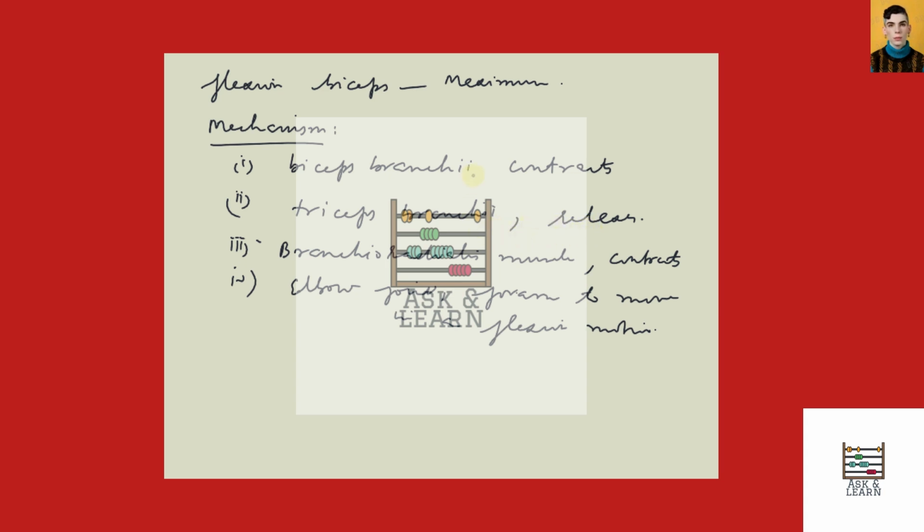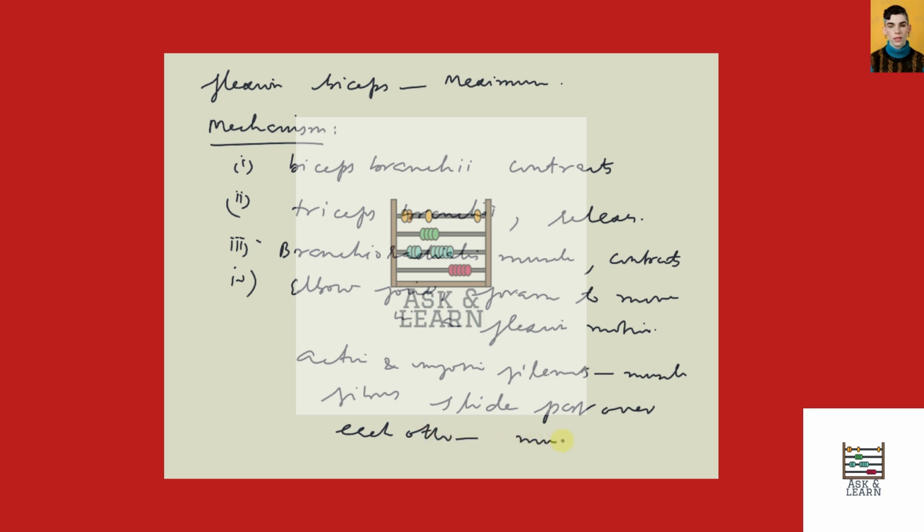This contraction of the biceps brachii muscle is facilitated by the sliding filament theory, wherein actin and myosin filaments within the muscle fibers slide past over each other and cause the muscle to contract.